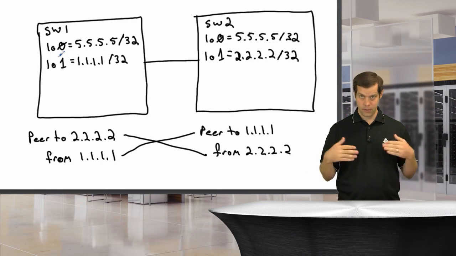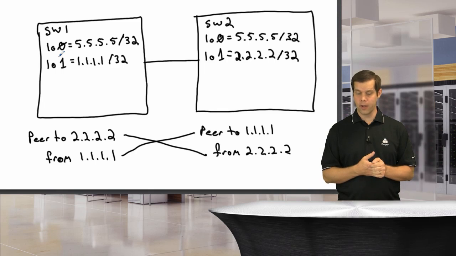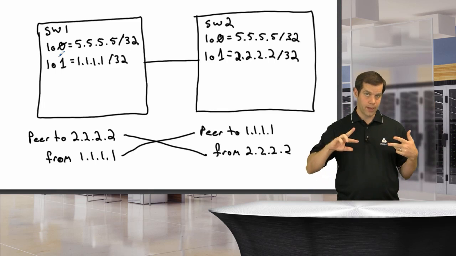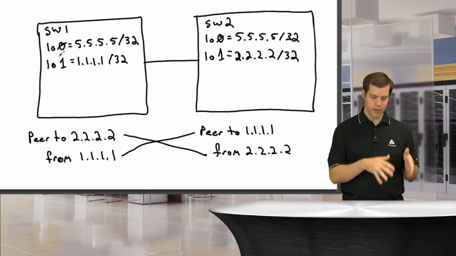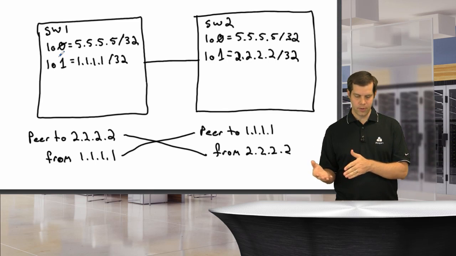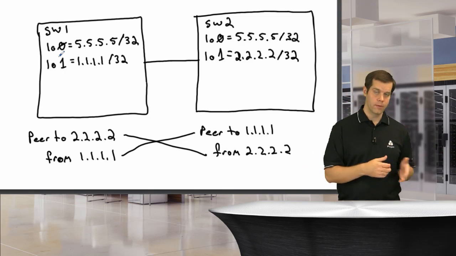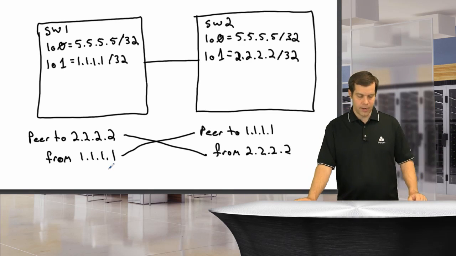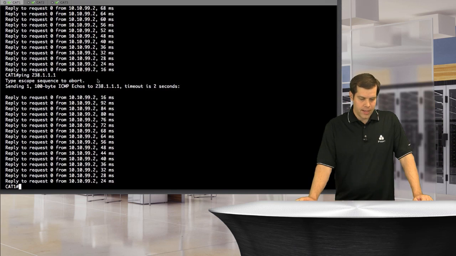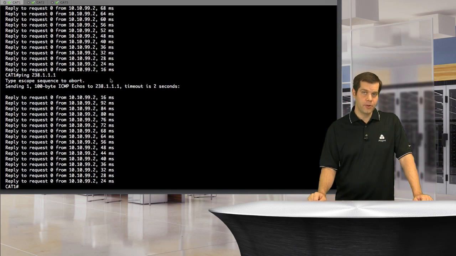Add them into your routing protocol. Set up your MSDP peering. Make sure that they're just inverses of each other. So switch 1 is peering to switch 2 source, and switch 2 is peering to switch 1 source. And once that peering comes up, add in that MSDP originator ID command, tell everyone who the RP is, and then you should be up and running.